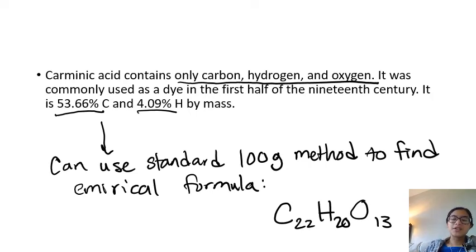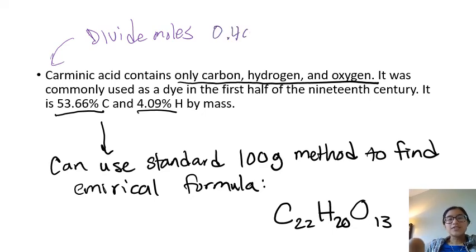If you do want to try this on your own, there is a weird thing with this one where, when you divide by the smallest number of moles, it's not going to give you nice numbers. So you have to do this weird thing where you divide the mole ratios by 0.406 to get nice numbers.